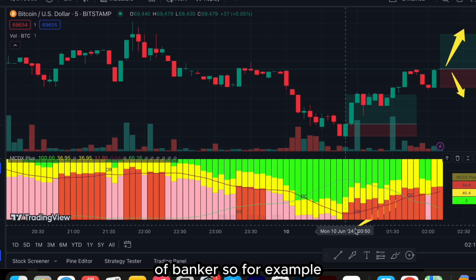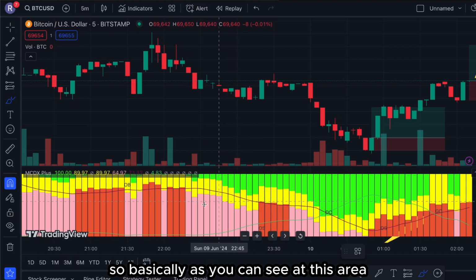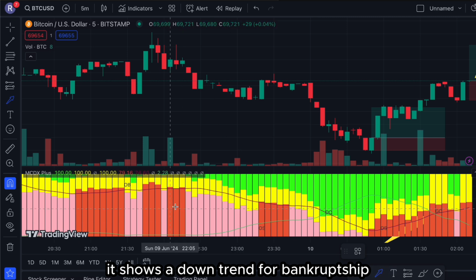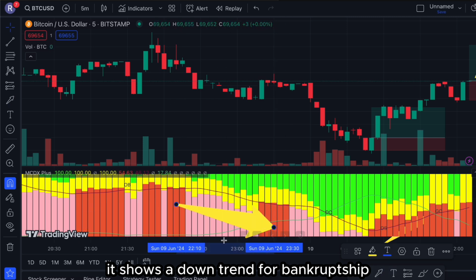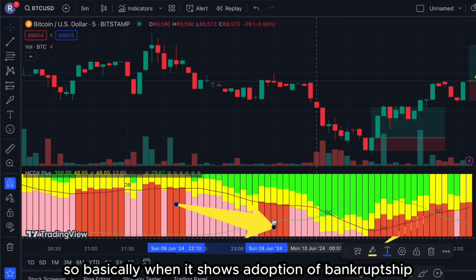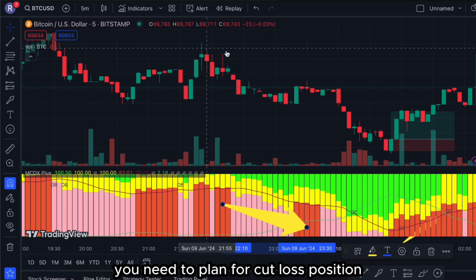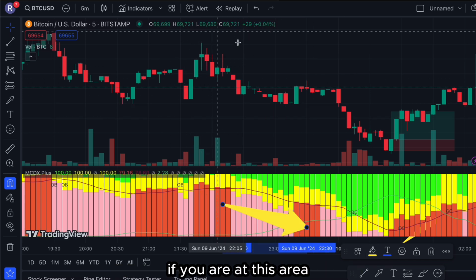So for example, as you can see at this area, it shows a downtrend for banker chip. So basically when it shows a downtrend of banker chip, if your position is high here, you need to plan a cut loss position if you are at this area.